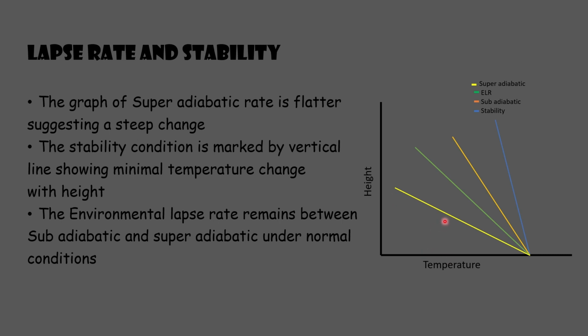This one shows sub adiabatic lapse rate, where there is slower cooling with increase in height. And this one shows the stability condition, where there is very little change in temperature. Even though it has reached great height, the temperature here is more or less constant.